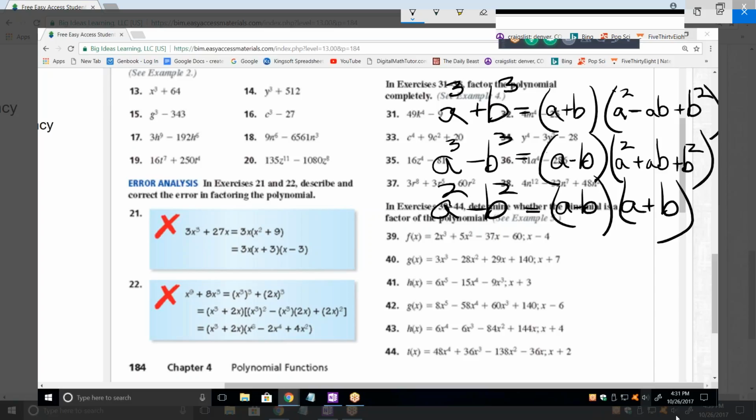What's A? Okay. What's B? A is G. And then B is... Once you've determined that it's the difference of perfect cubes, then you got to take the cube root of that number. 343, 7.